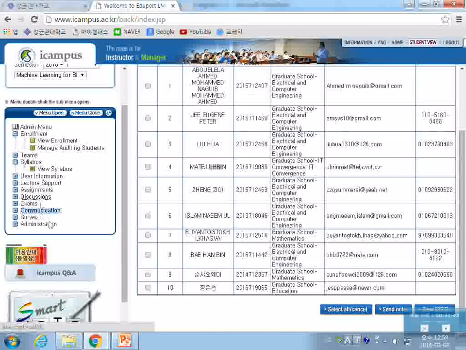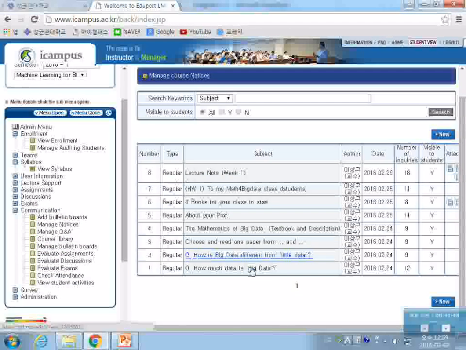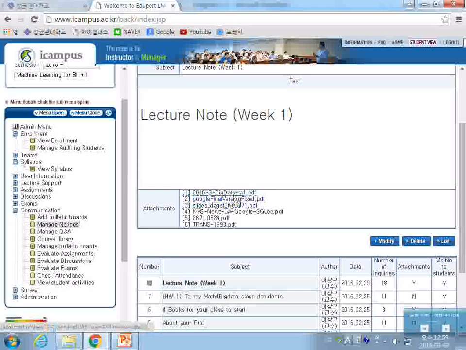Notice here I have uploaded some materials. I have uploaded my lecture notes that I showed here, so you can see them. And also I have uploaded the Korean version and English version of Google's PageRank algorithm.